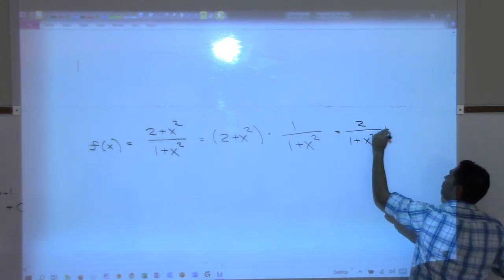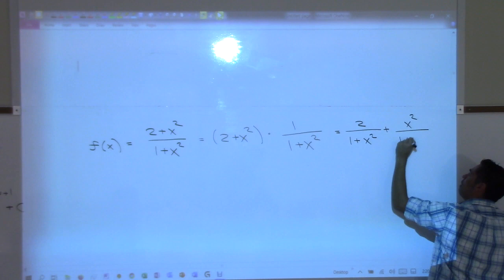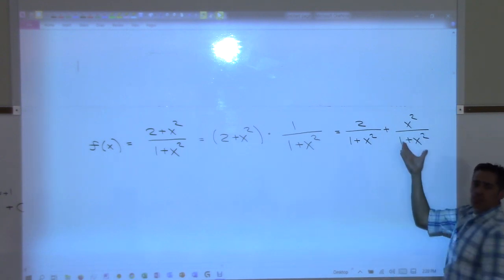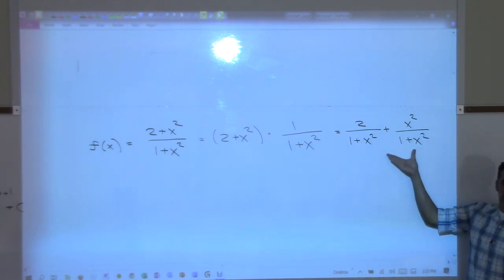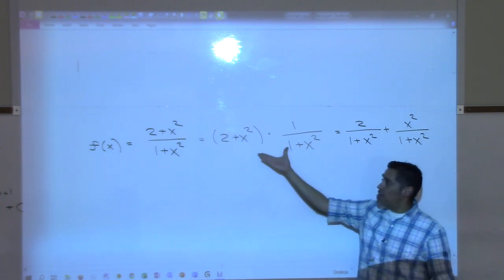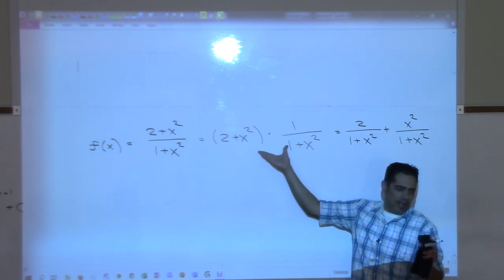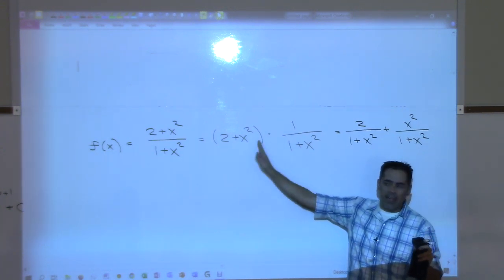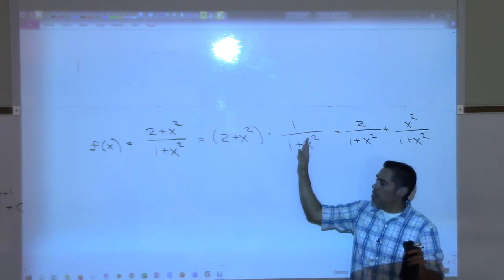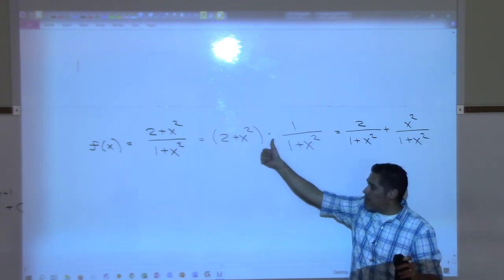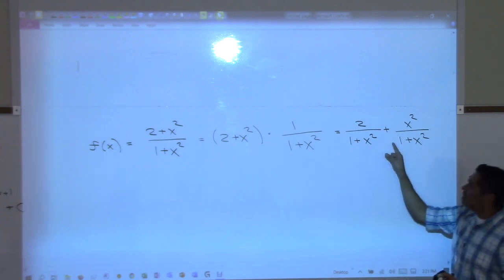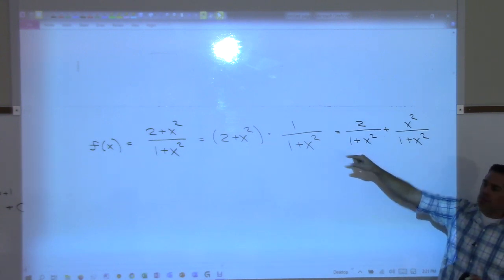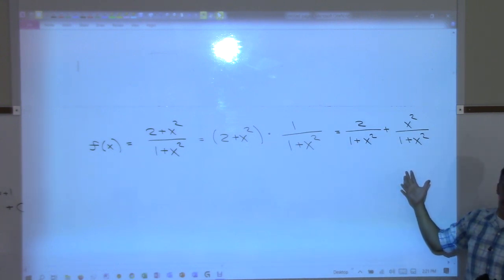I don't know if this is what you're wanting me to do. Kind of. Is that legal algebraically? So algebraically, that's okay. But we can't do anything with it. We can't find the antiderivative of these separately. So even though algebraically this is right, we can't do anything with it.